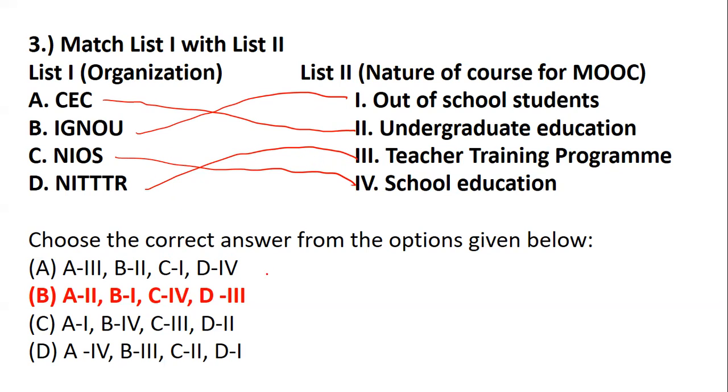In that respect, your right answer is option B. So A is 2, B is 1, C is 4, and D is 3. Even if you see D, 4, 2 and 1, 3 was the right answer because teachers training, you may be very clear, or consortium of educational communication, you're clear. So you should check it out. Here the options are not repeating, so it's much easier to highlight the answer.